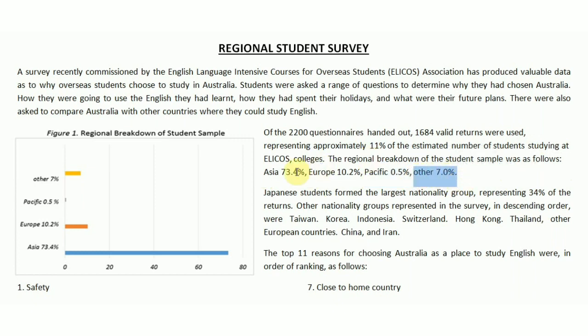So clearly you can see that Asia had the largest percentage of students. So we have to write the regional group in our answer. So definitely it's gonna be Asia. So let's highlight this location, the regional breakdown.